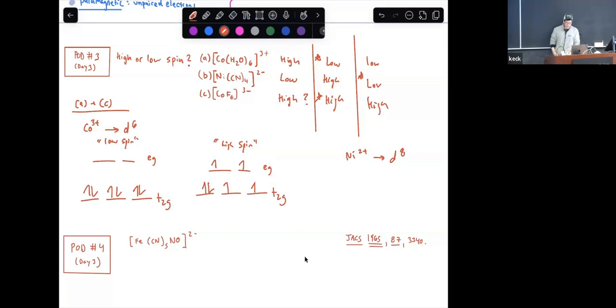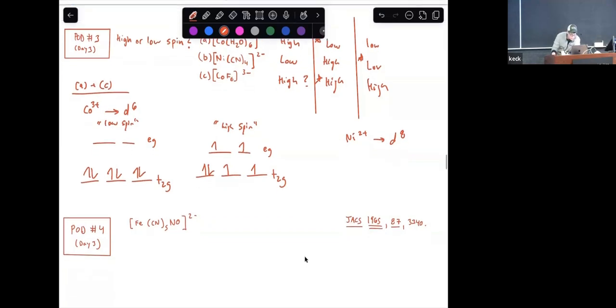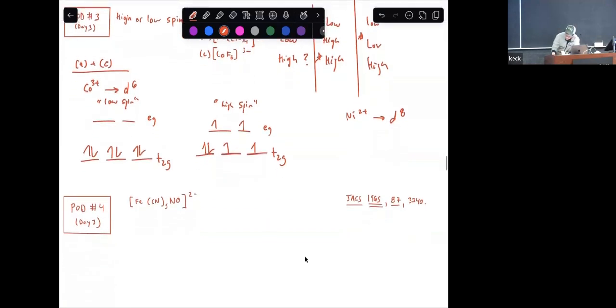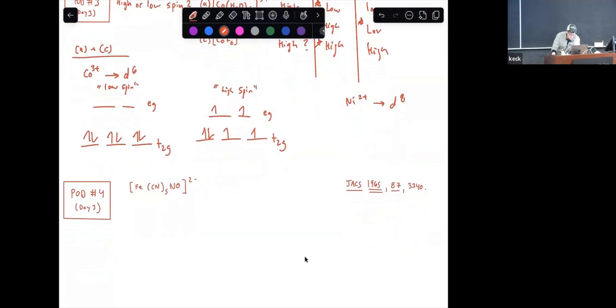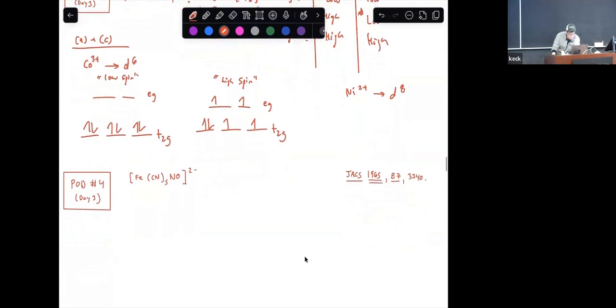To read the question here: this interesting iron nitrosyl, the crystal structure was solved in the 1960s. The geometry is a distorted octahedral, so first approximation is octahedral geometry here. Propose the oxidation state, binding mode of NO, and whether the complex is high spin or low spin.